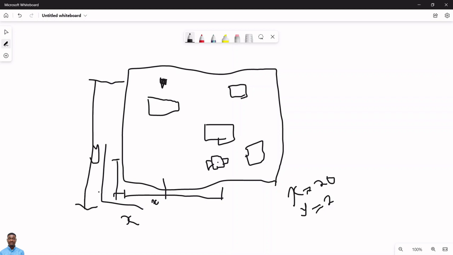Let's say for the destination, Y is 100, while X for the destination is, let's say, 5. So the algorithm will ask you, okay, where is the robot, what are its coordinates, and what is the coordinate of the destination itself.